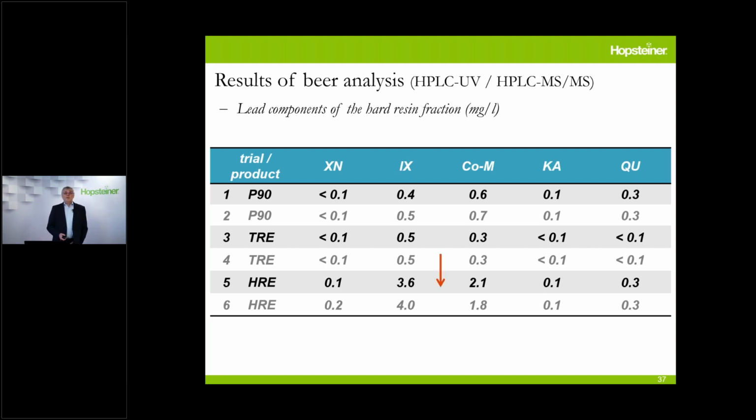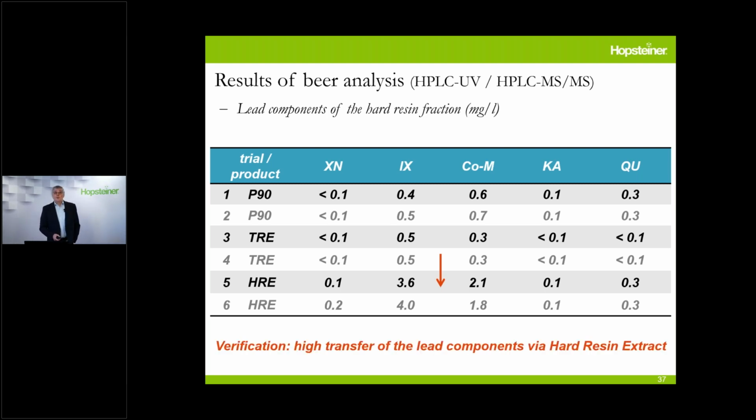And you see here that with the hard resin extract, a considerably higher amount of the single components representing the hard resin fraction is transferred to beer. So this is the analytical verification that with this hard resin extract, we really could transfer a lot of lead components representing the hard resins. And so beers 5 and 6 contained much more hard resins as compared to beers 1, 2, 3, and 4. They were similar in hard resin content.